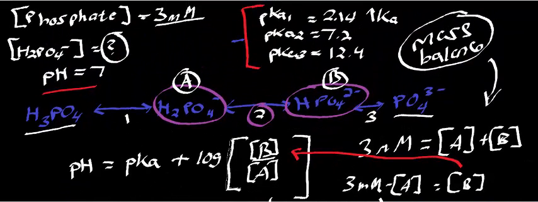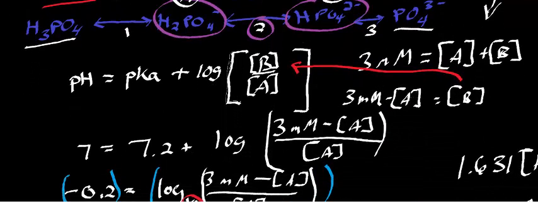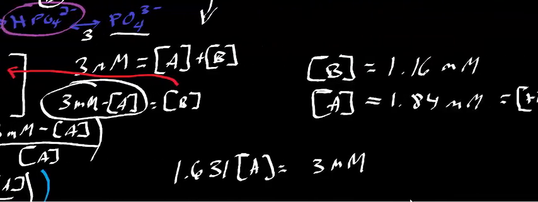In this case, we were solving for the acid concentration, so I wanted to get this Henderson-Hasselbalch equation in terms of the acid. If, for instance, they asked us to solve for monoprotic phosphate, I could have rearranged it to solve for the concentration of A, and so my equation here would have been in terms of the concentration of B, and that would have gotten me the concentration of monoprotic phosphate.